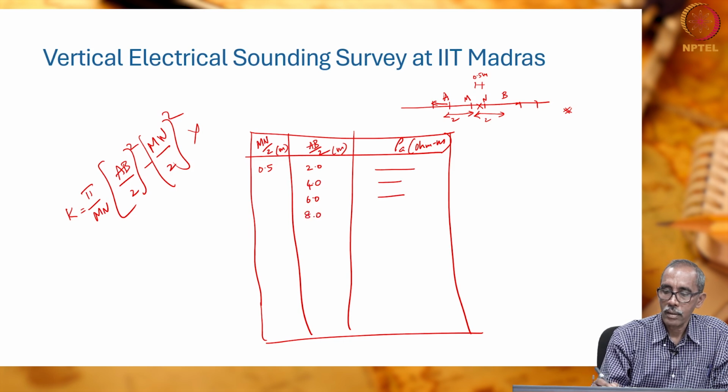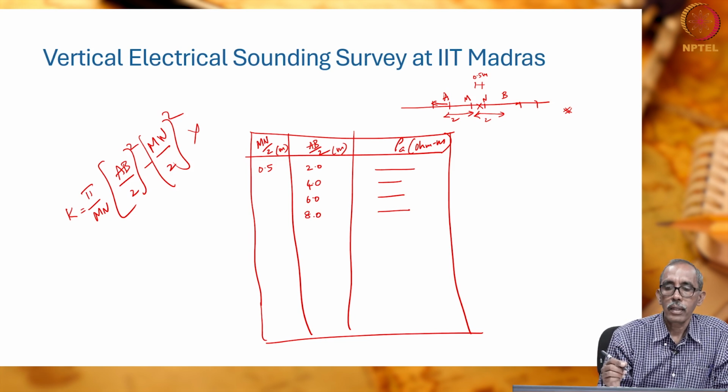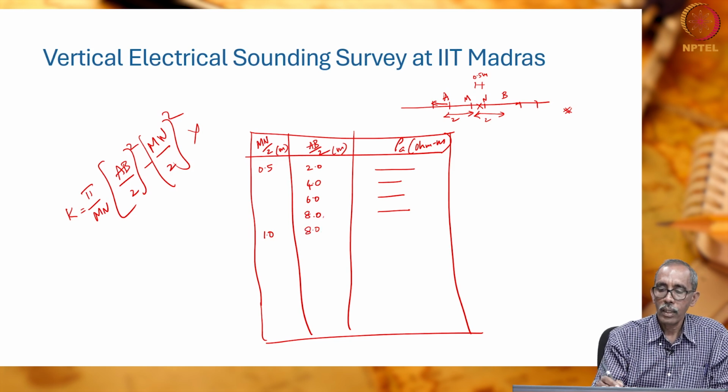After this, we would also like to increase the potential electrode spacing. Now the potential electrode is at 0.5 and AB/2 is at 8. Now we have increased the potential electrode distance to 1 meter. When we increase the distance between the potential electrodes, we keep the distance between A and B the same. Why are we doing this?